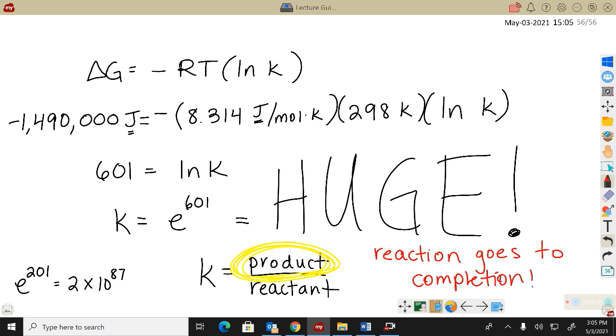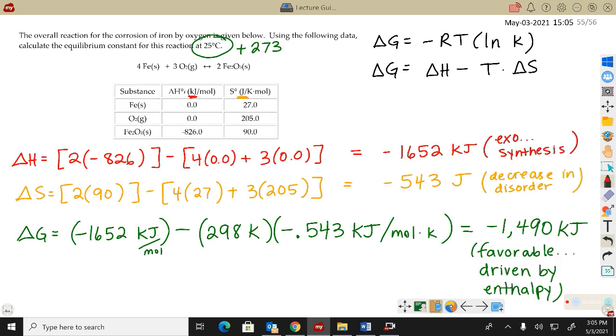Like, this isn't even something that we would consider to be a reversible reaction. Well, think about what the reaction was in the first place. It was the corrosion of iron to form iron oxide or rust. Well, they've got it written with a double-sided arrow, which is kind of silly, this should really be a one-sided arrow. Think about a rusty car.